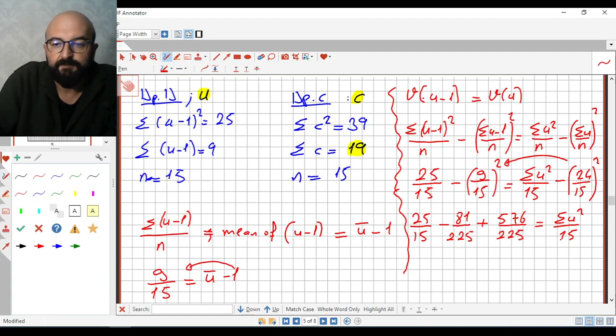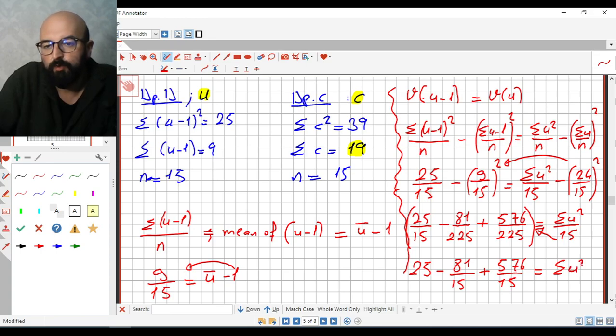And then if we multiply this part by 15, it becomes 25 minus 81 over 15 plus 576 over 15, which means the sum of u square.